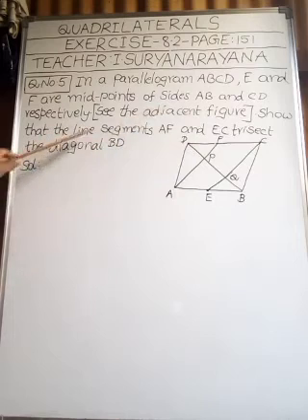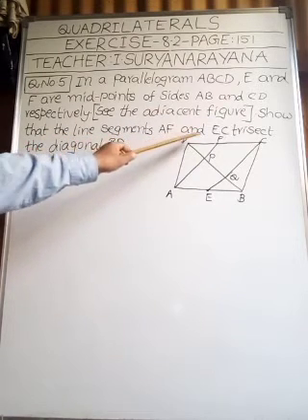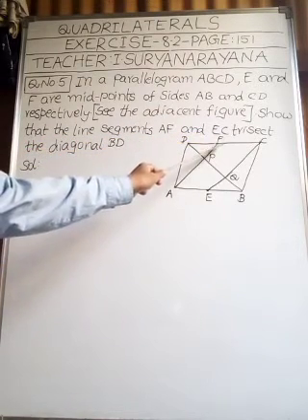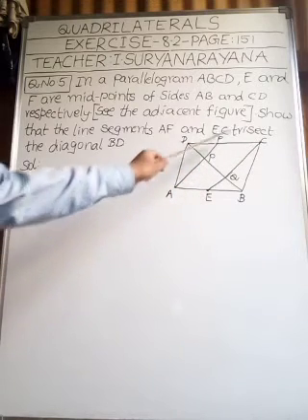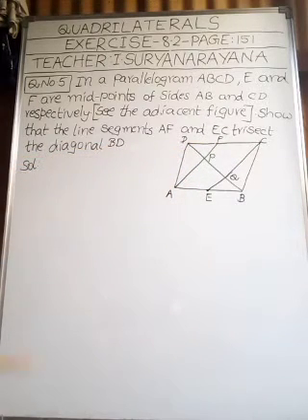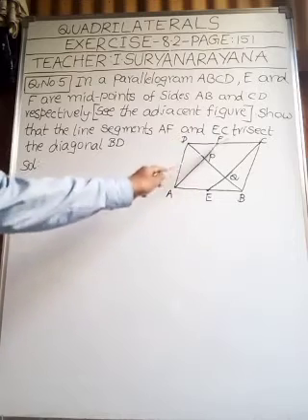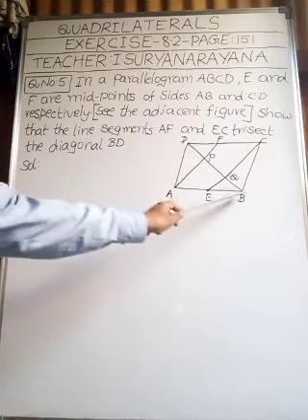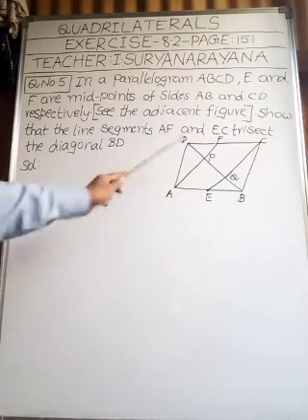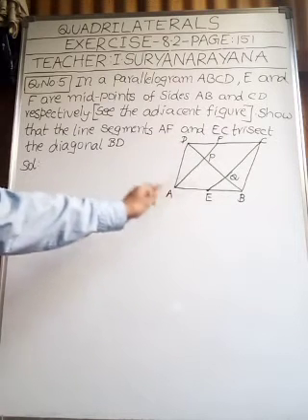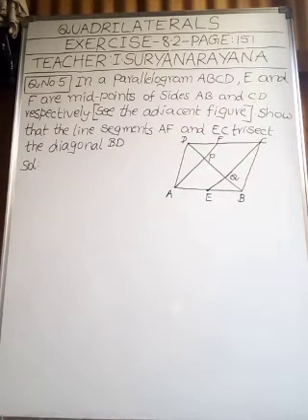Show that the line segments AF and EC trisect the diagonal BD. We have to show that these two line segments trisect, means divide the line segment BD into three equal parts.